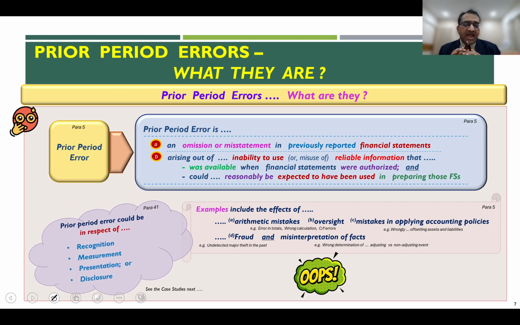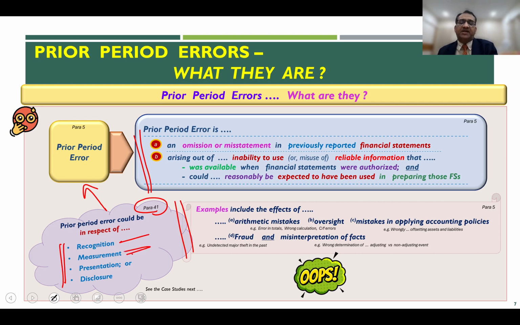Additionally, paragraph 41 gives you additional guidance. We have seen what prior period error means and what the examples of this are. Paragraph 41 further clarifies that these prior period errors could be in any of these four categories: recognition, measurement, presentation, or disclosure.